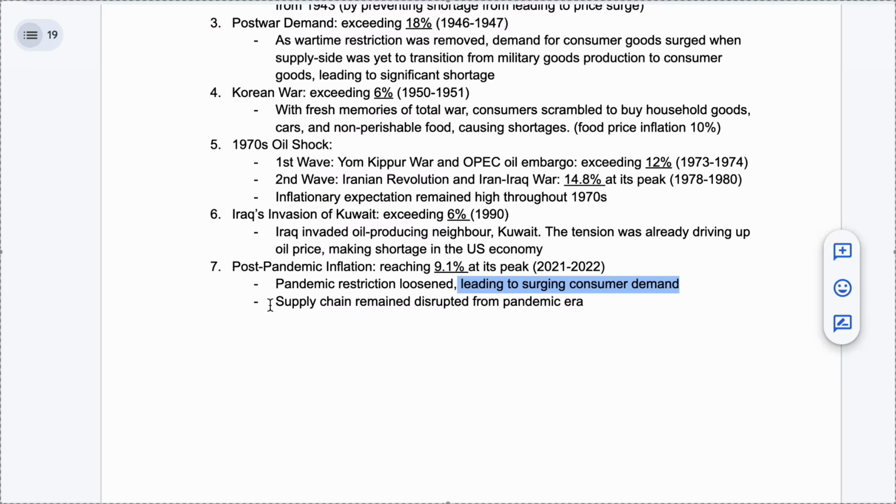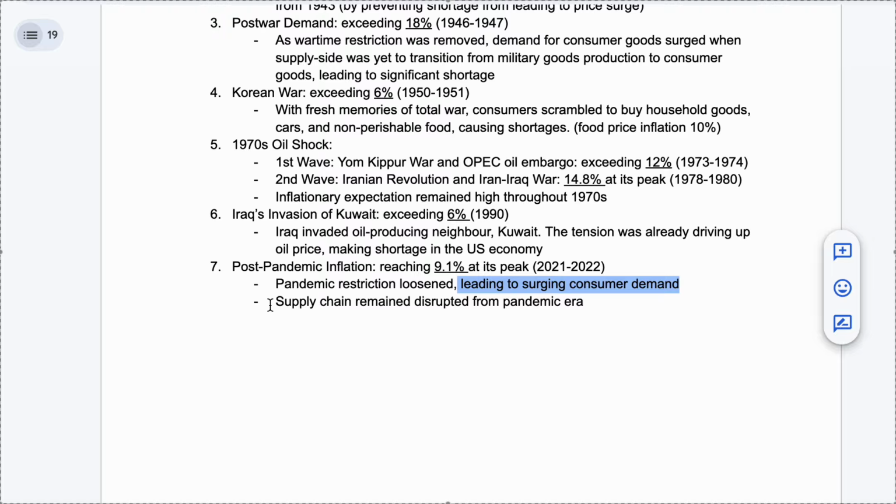And then what also happened on the supply side is the supply chain remained disrupted from the pandemic era. I think everyone can agree with that, on a global scale, not only in the U.S. A lot of people, for example, died, or a lot of factories shut down and stopped operations.